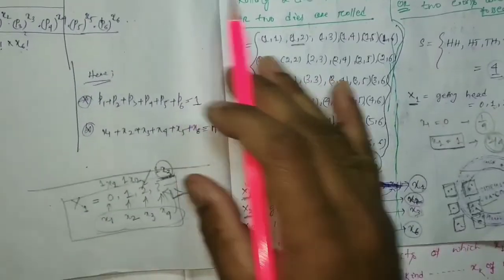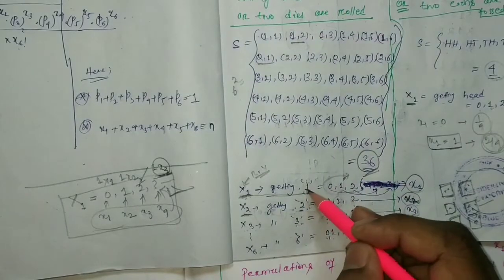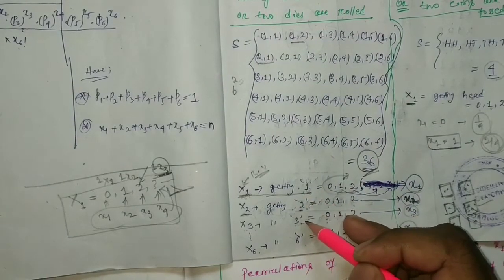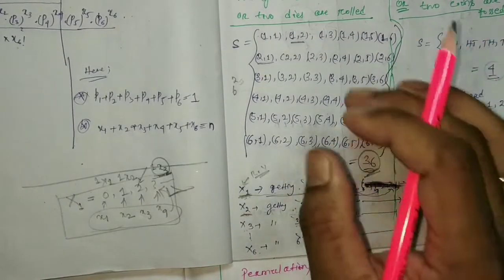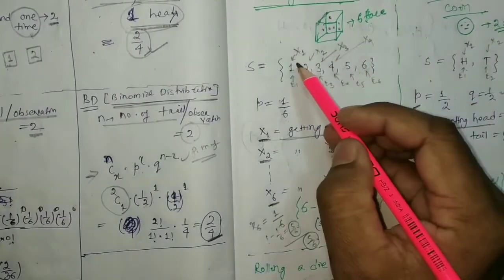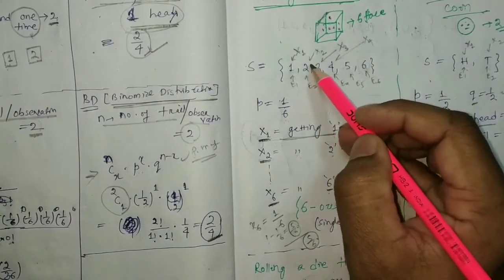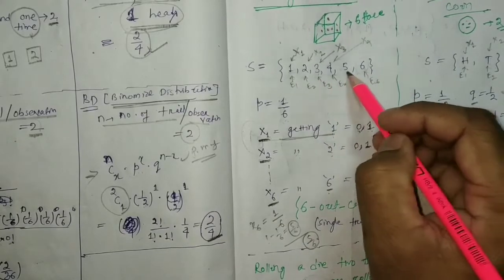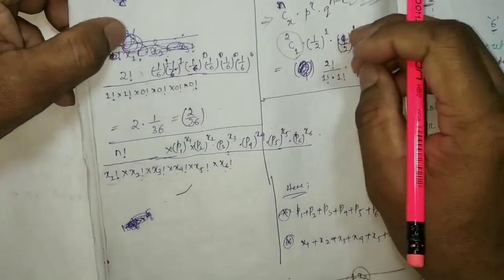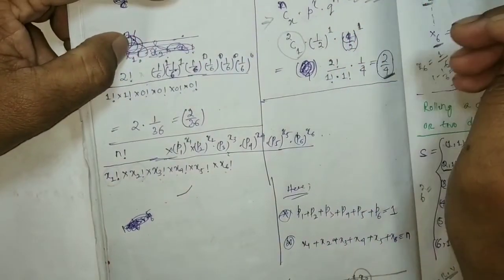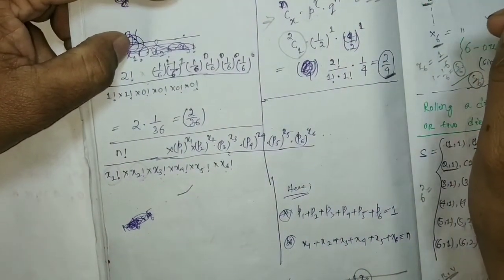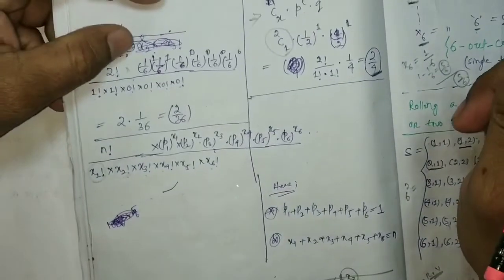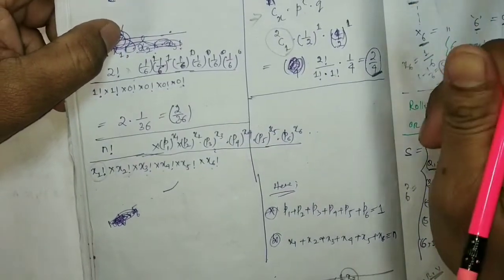See, for one toss, the probability of getting 1 is 1 by 6, 2 is 1 by 6, 3 is 1 by 6, 4 is 1 by 6, 5 is 1 by 6, 6 also 1 by 6. The probability of getting one outcome for a single trial is 1 by 6.